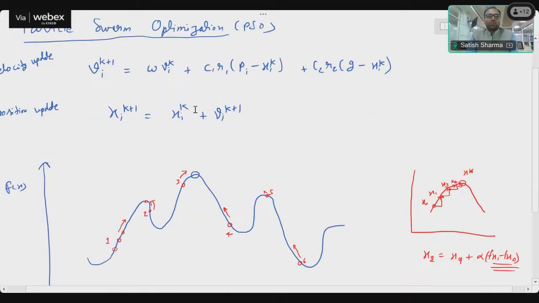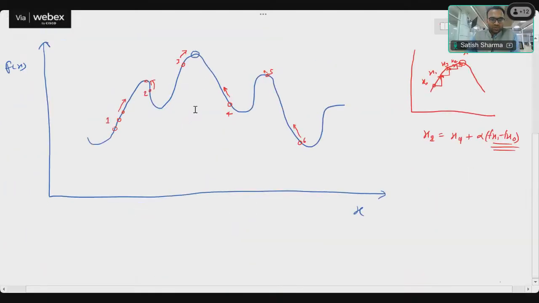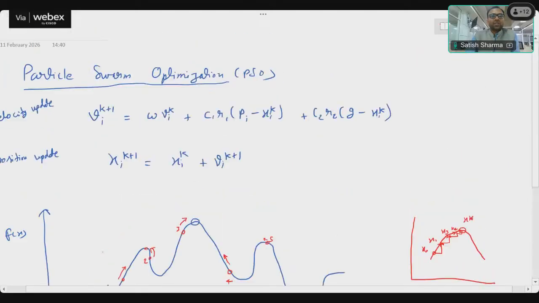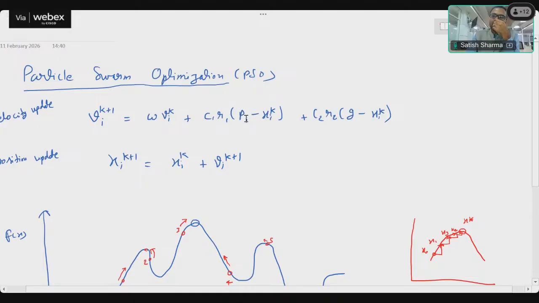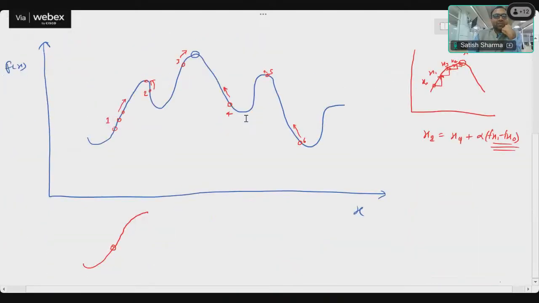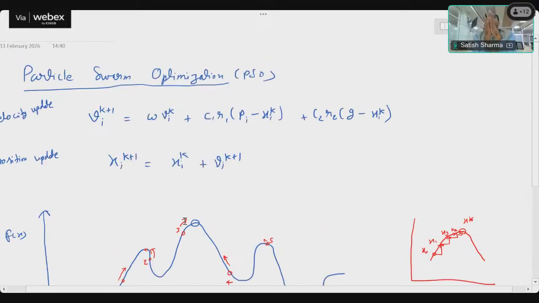Okay, so let me draw this particular part again. Initially, let's say we were here, and no personal influence factor was there yet. Let's say with some initial velocity, we moved from 0 to 1. Now, how does PSO work? It works basically with its own experience.